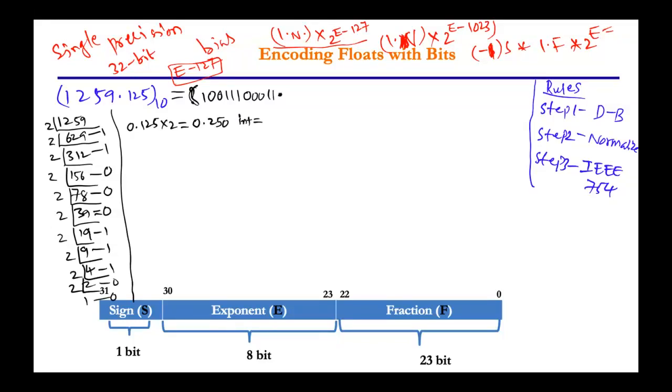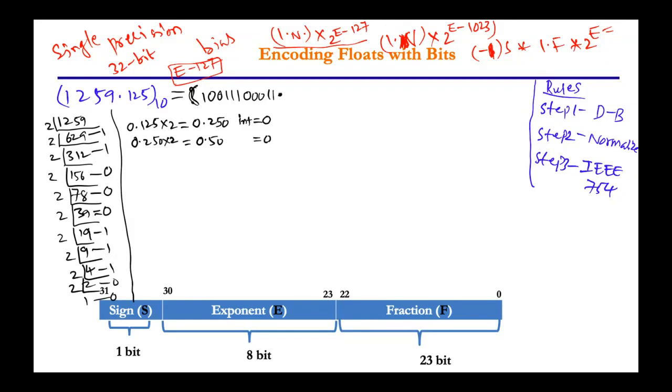The integer portion of this is 0. Then the fractional portion 0.250 is again multiplied by 2, which gives 0.50.